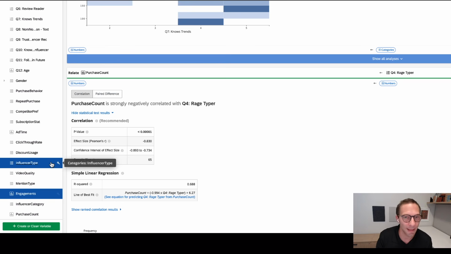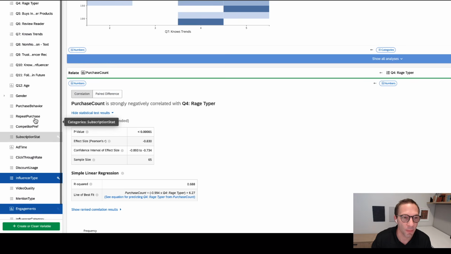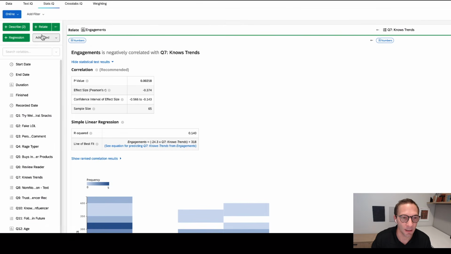Micros are less big time influencers, but they're more specialized. Okay, so I'm going to have influencer type as my outcome. There's only 2 categories, macro and micro, and then engagements as my input. So output and input, and then I'm going to click relate.